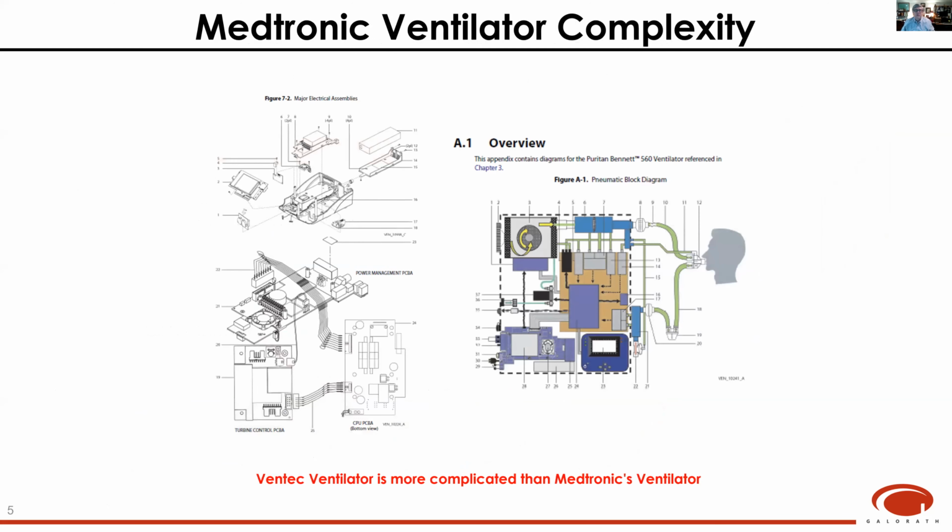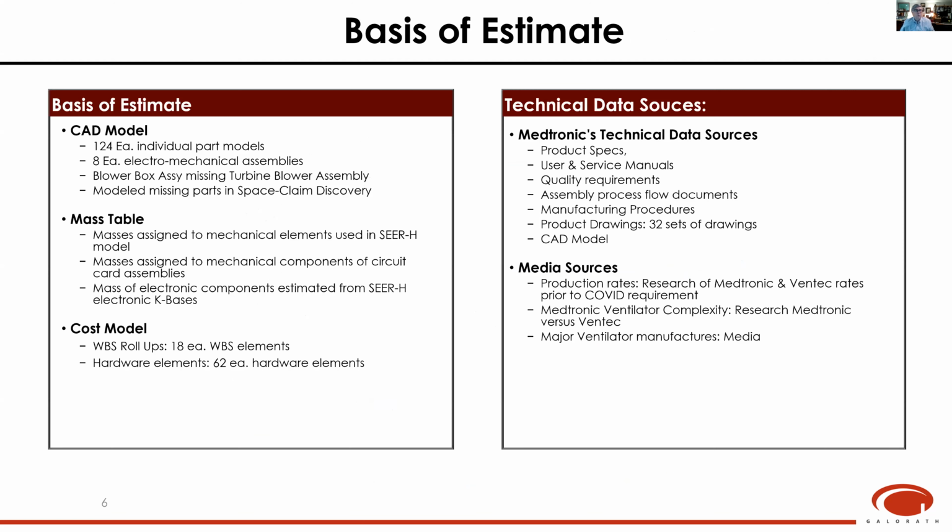We then went into a detailed description of each of the items and how they fit together, how the system operated, so that we pretty much understood exactly what was going on from a technological and engineering standpoint in the ventilator community. So we created a CAD model. We did solid model backups. We completed mass tables, and we did the cost model rolling up the work breakdown structure or product description. And we were actually using the Medtronic's technical data.